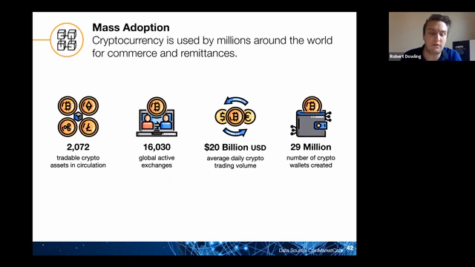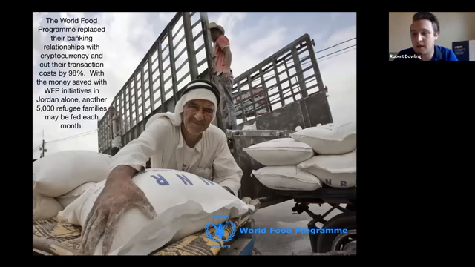These numbers are a little outdated already, but this number is up to 5,000 tradable assets on CoinMarketCap. The number of Bitcoin wallets is up to 42 million. And it's just a fascinating time to be in crypto with mass adoption happening. And you have a lot of different use cases being deployed and tested by government agencies as well and international organizations.